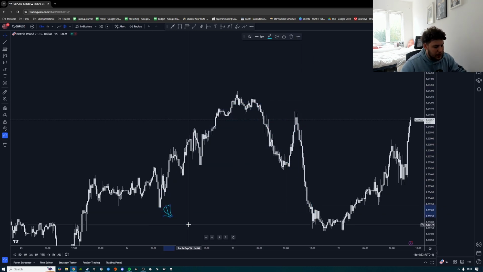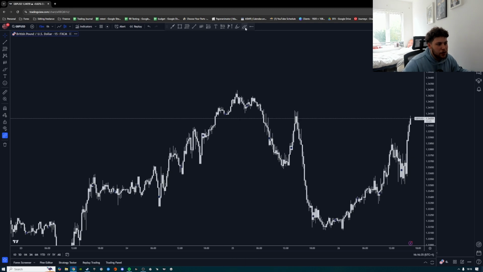Now, this gets put into tons of different types of liquidity. Some people call it internal and external liquidity, where this is your internal because it's inside the current price, and this would be your external liquidity here. So it just comes and goes as and when.